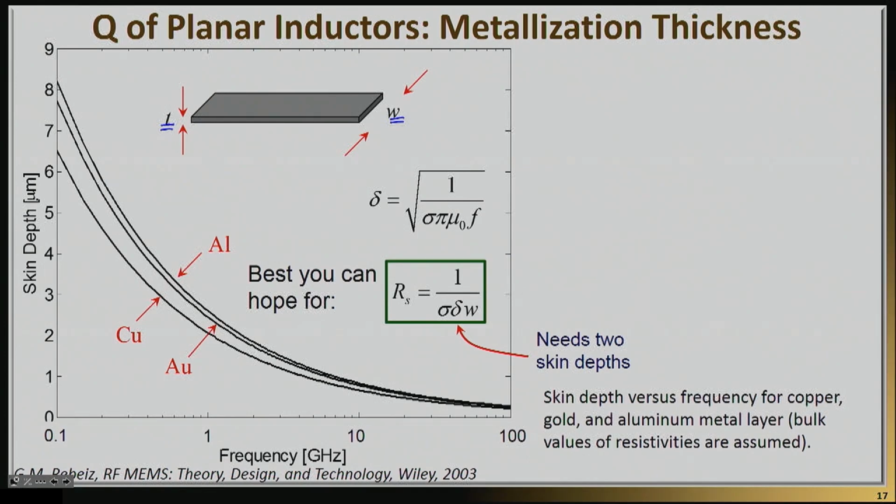Now, what is important, though, to remember is that at RF frequencies, there is the skin depth that will essentially dominate the inductance loss. And the skin depth is given by this equation right here, this delta.